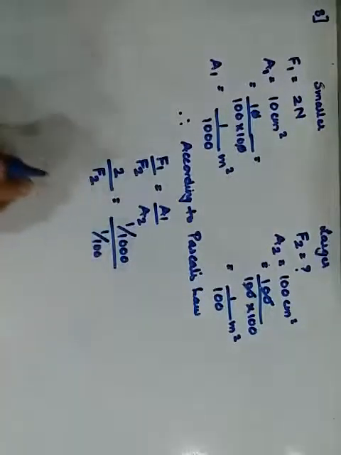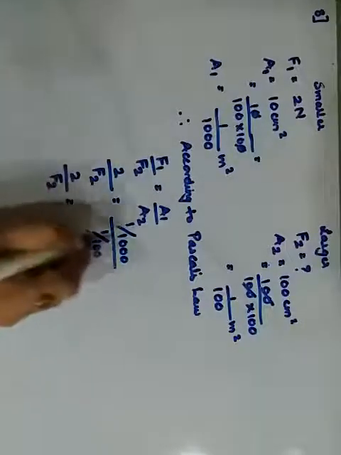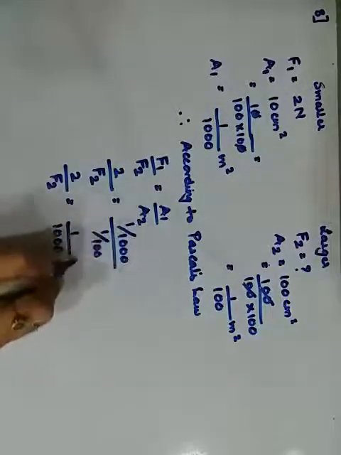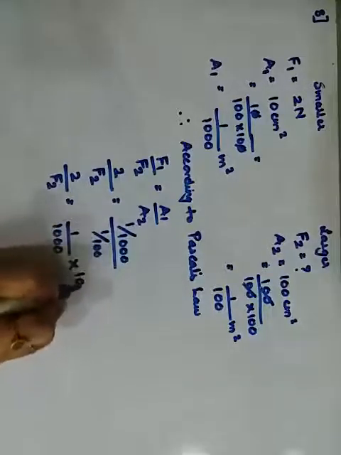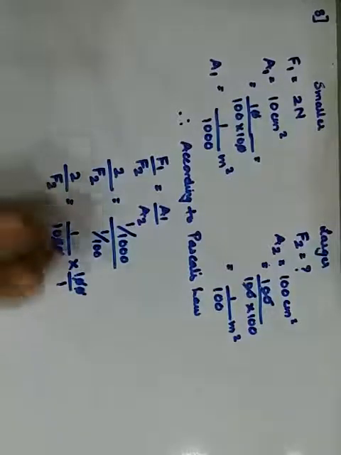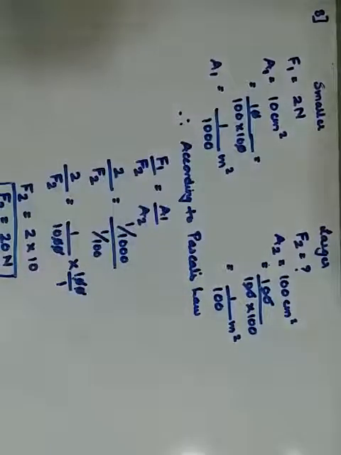See what I am doing here: it remains 2 upon F2 as it is. Here this will remain 1 upon 1000, and here it will become reciprocal when I multiply, so it becomes 100 upon 1. The zeros cancel. Just cross multiply what is left. Therefore F2 is equal to 2 into 10, and therefore the force acting on the other piston will be 20 Newton. Simple, just the conversion part and how to solve it. That is your answer for the 8th question, that is 20 newtons.